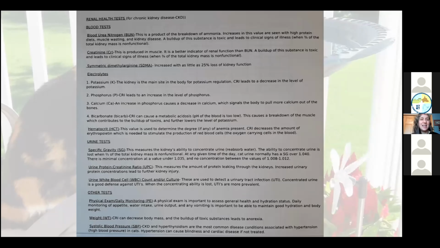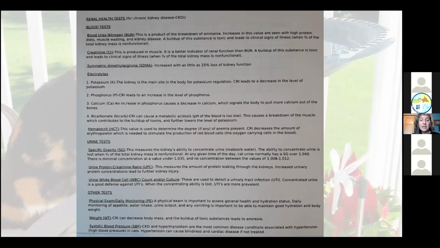So again, it's looking at those different blood tests, explaining what the BUN is, the creatinine, the SDMA, the electrolytes, how they are regulated by the kidneys and whether they end up being increased or decreased, and a bicarbonate, the hematocrit within that CBC, the different urine tests, looking at the specific gravity and explaining to them how far along kidney disease actually is before this happens, when they start losing their ability to concentrate urine.